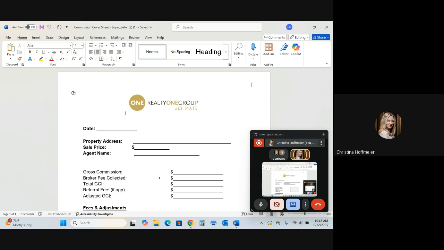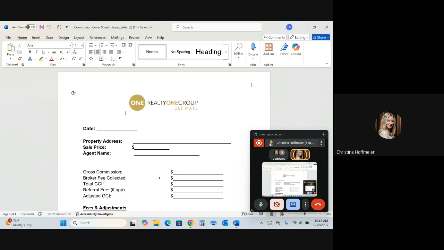Please don't put the closing date on there. Put the date in which you are filling out the form and turning in your money. I actually use it to track how long it takes for people to get their money once they turn in their file 100% complete. So if you closed a deal on 5/30, but for whatever reason you didn't turn in your information until today, 6/12, and this form says 5/30 on it, when it comes to my desk to authorize your wire, one of the first questions I'm going to ask is, why has this been sitting so long?